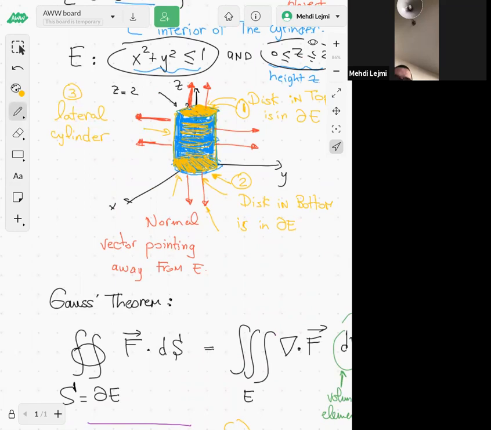It's not x squared plus y squared less or equal to 1, because that would be the interior of the cylinder, the solid cylinder. But we need just the lateral cylinder. So that will be x squared plus y squared equals 1, with z, of course, between 0 and 2.